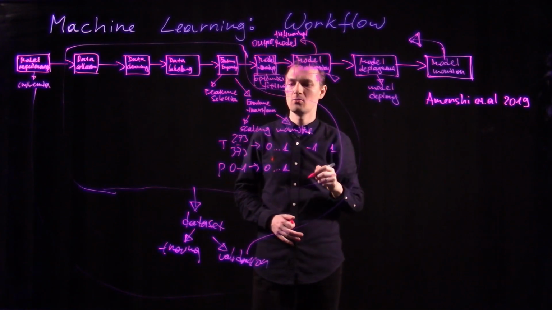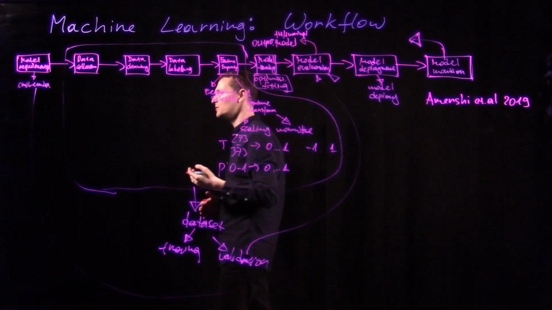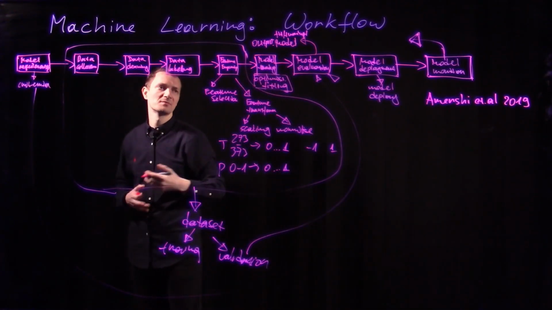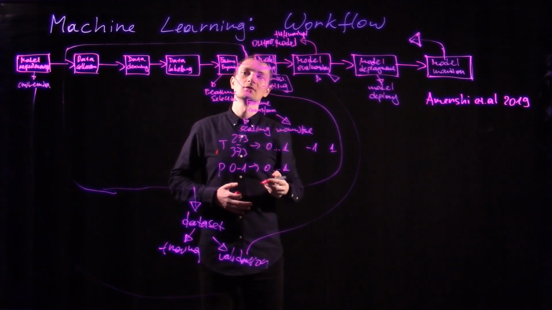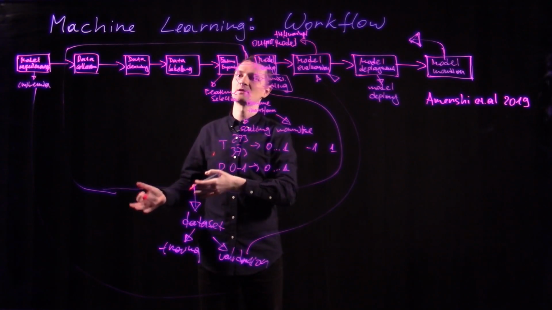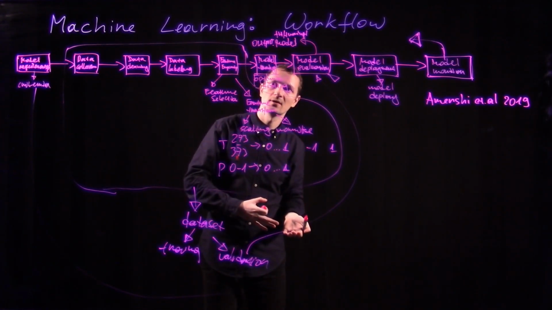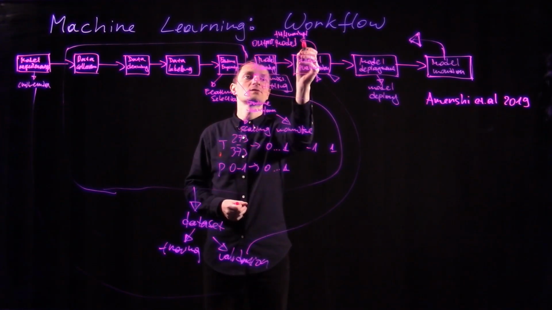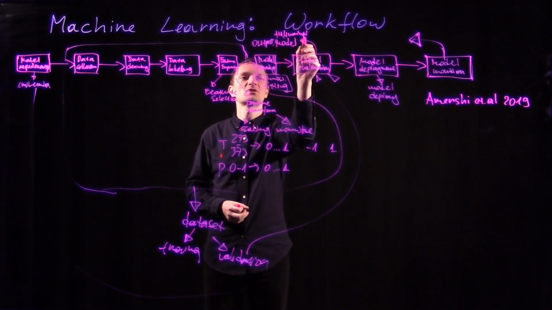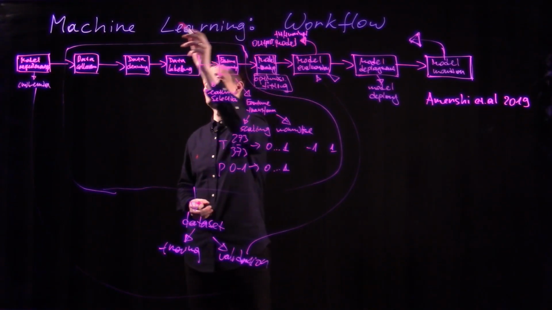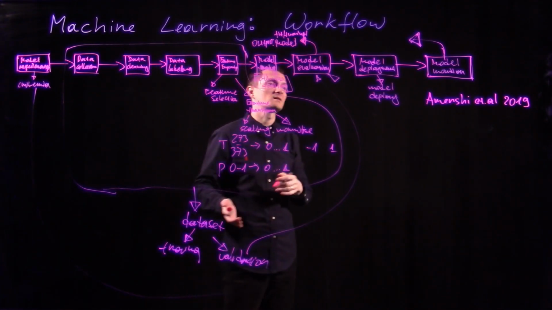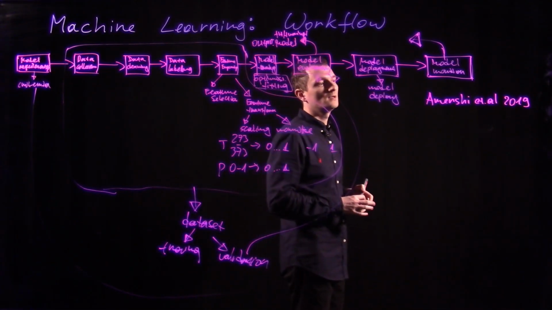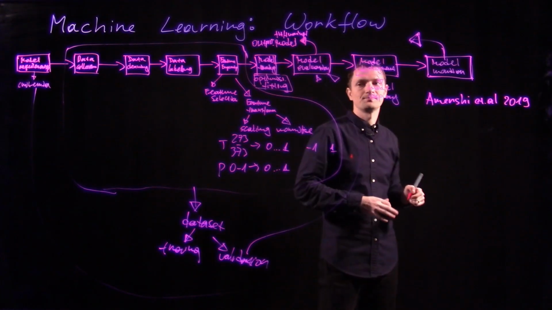In case our model quality is not what we expected, we can also try to recollect the data, or we can, for example, try another model. So it's basically another large feedback loop where we can go back to any of the previous steps and modify something in order to get better results.